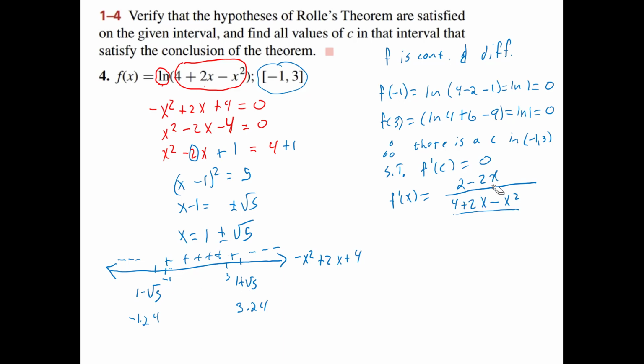And so the only thing that makes the derivative 0 is what makes the numerator 0. 2 minus 2x has to equal 0. So then 2 has to equal 2x. So then x has to equal 1. Well, this is what makes your derivative 0, and that falls in the interval from -1 to 3. And so we're good there.